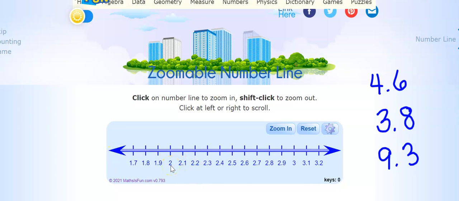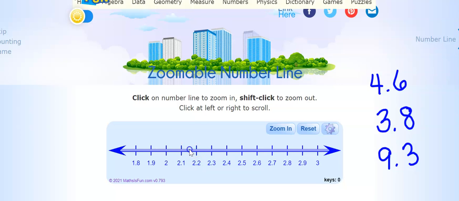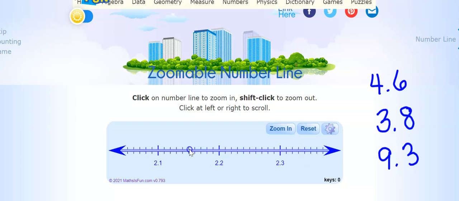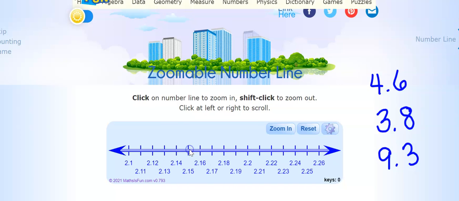So we know the numbers between 2 and 3. Let's look closer at the numbers between 2 and 1/10 and 2 and 2/10. So I'm going to zoom in, starting to get my marks here.